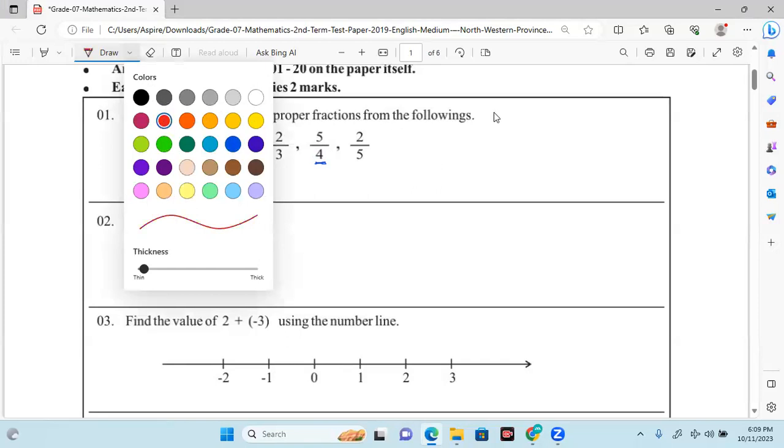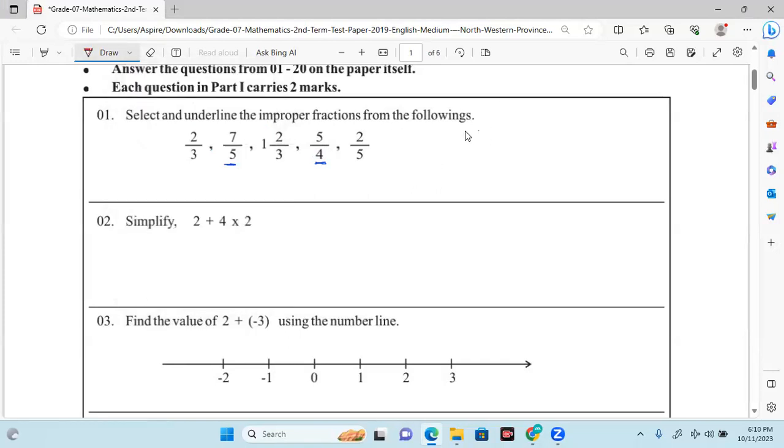If not, you can take your notebook and just write down in front of the first question: in an improper fraction, numerator is greater than denominator.